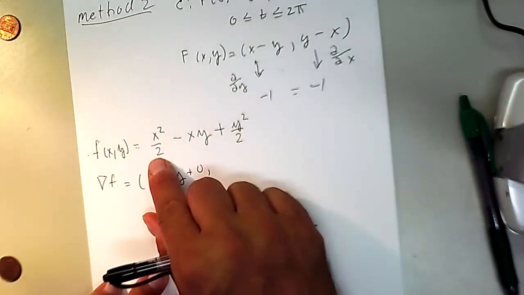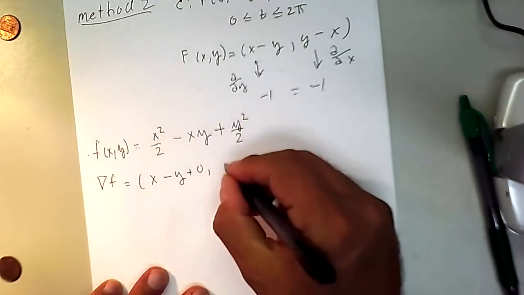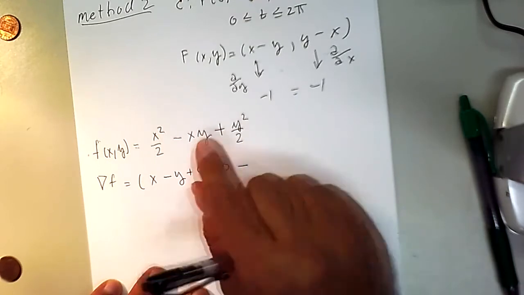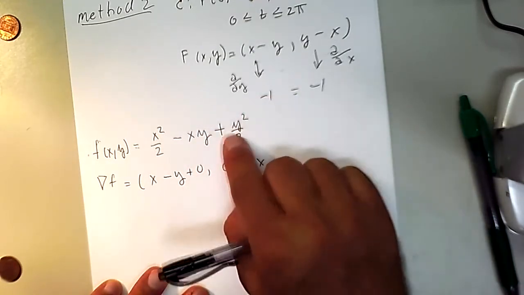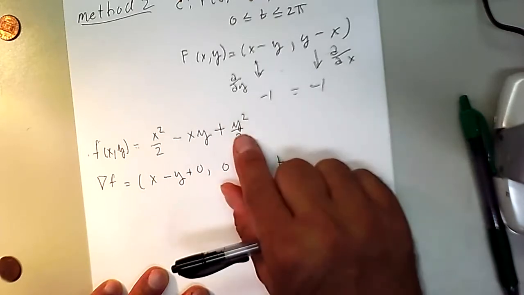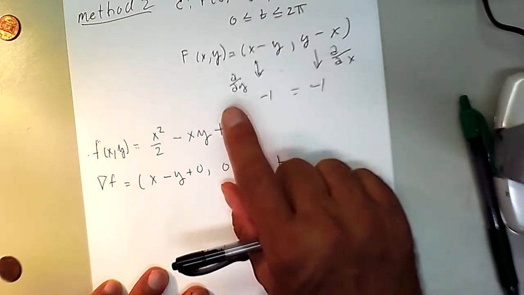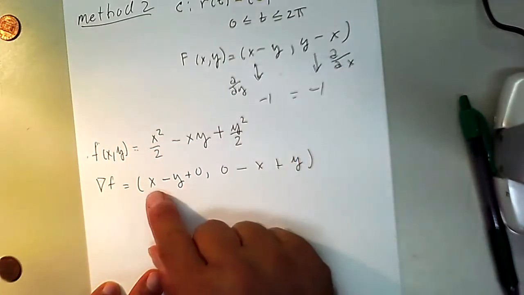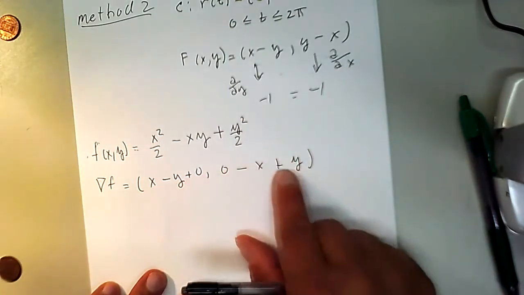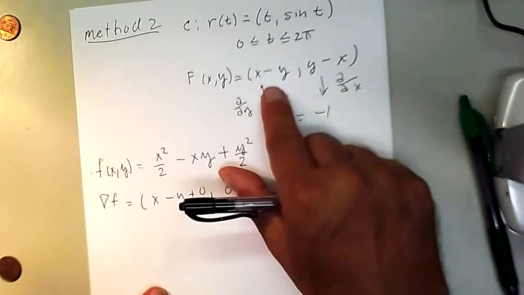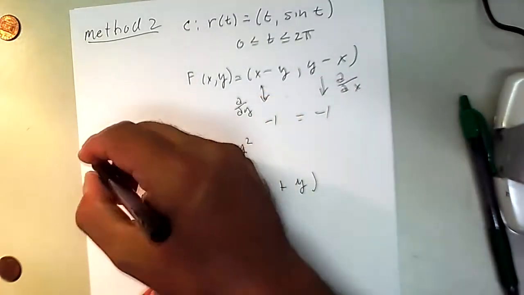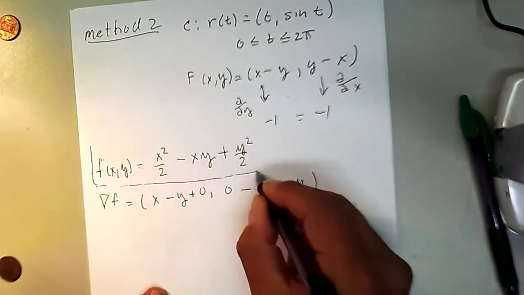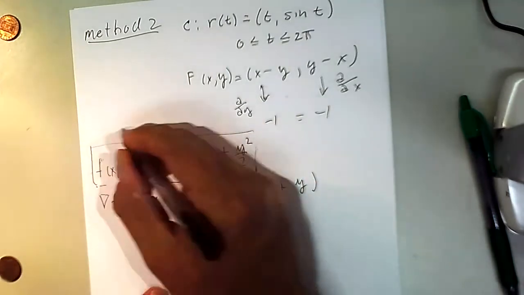The derivative of this next with respect to y is going to be 0 minus the derivative of this with respect to y is x plus the derivative of that with respect to y would be 2y over 2, which is y. So we have x minus y and y minus x. Yep. So that means that this is our potential function. Okay.